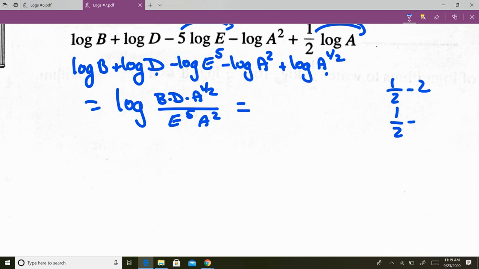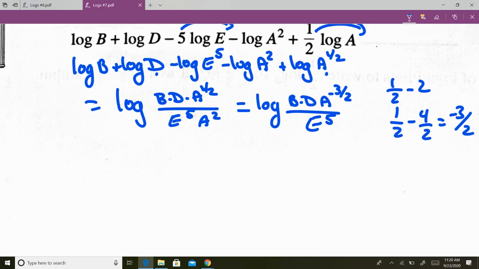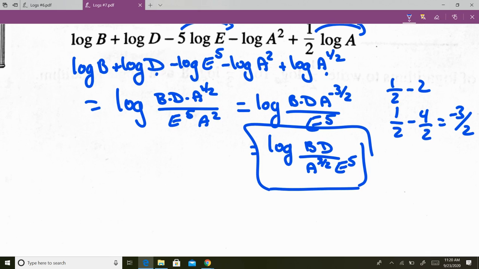So that's the same as 1/2 minus 4 over 2, which is negative 3/2. So this becomes log b d a to the negative 3/2 over e to the 5. If I want the negative 3/2 to be positive, I just drop it to the bottom. And that is your answer.